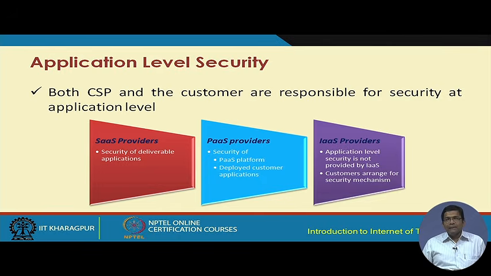For PaaS providers, the security of the PaaS platform, that means the platform which is offered as a service for development, a Google App Engine kind of environment, has to be taken care of.